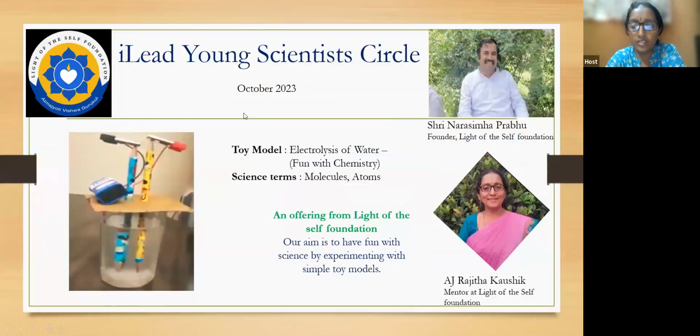So in today's class, the basic things. For any element for that matter, if you consider, it is made up of tiny particles. They are called atoms. For example, imagine a pencil.